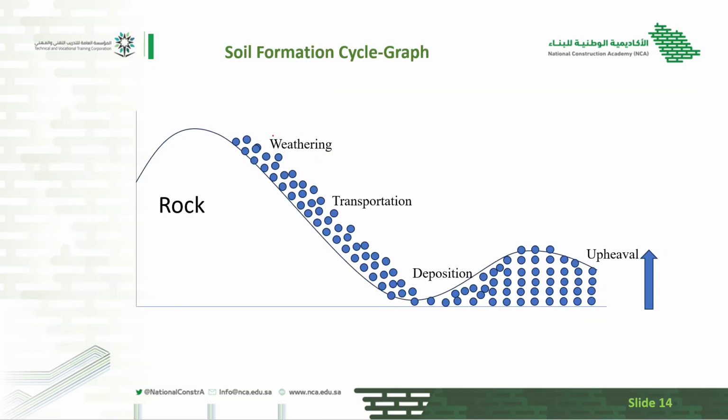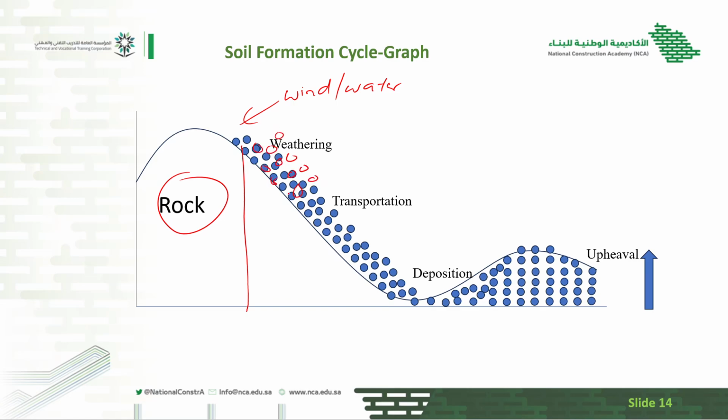So this is a very simple graph. You may understand it very easily from this. This is rock. What happens to this rock, for example, due to wind or water or other natural agents, heated for a long time? This big rock is converted into small particles.